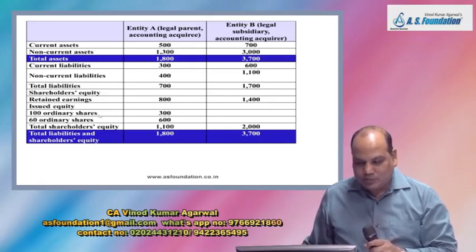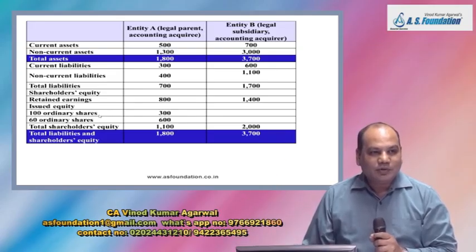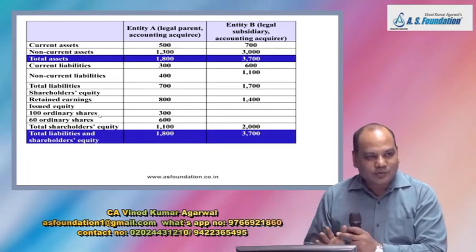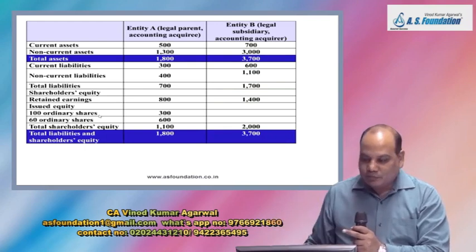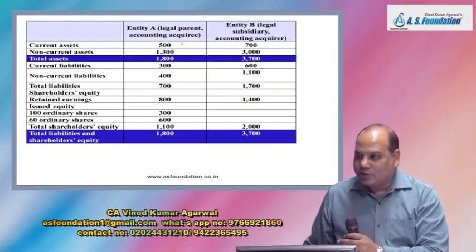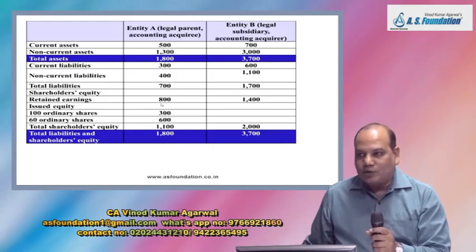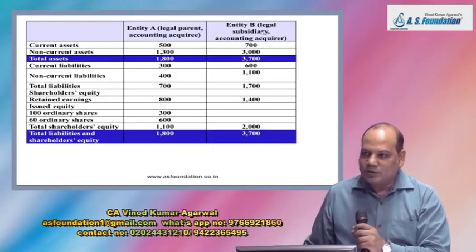Legal parent number of shares will be 100 only. Will it be different? No, you can't change this figure. This is already there in their books. Only for accounting purpose we are doing this fair value accounting. But if the two companies merge, for example, then how many shares will be issued to A will depend on the fair value of business of A and fair value per share of B.